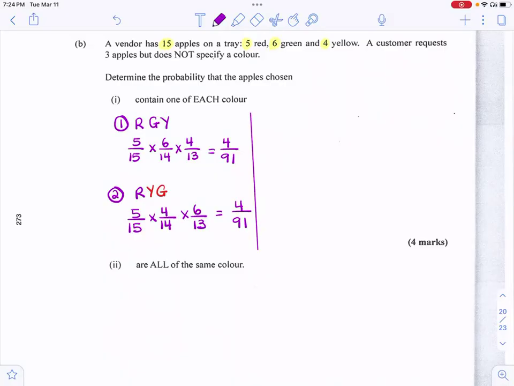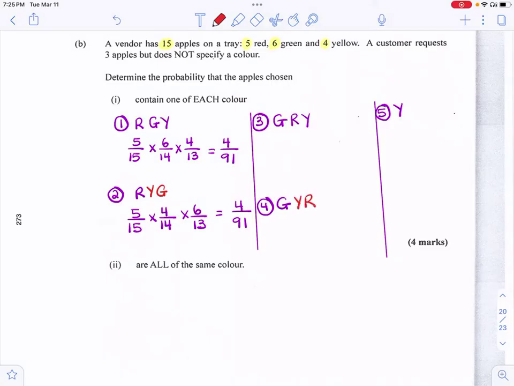Now, let me say that I didn't choose red first. My options are green first or yellow first. If I choose green first, I can have red and then yellow, or yellow and then red.